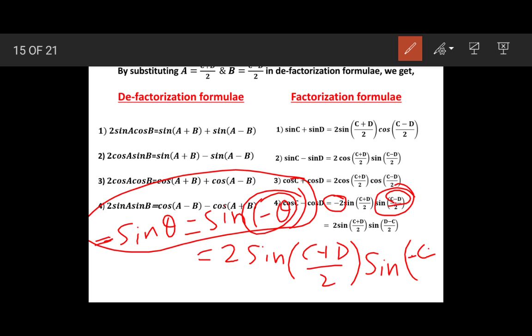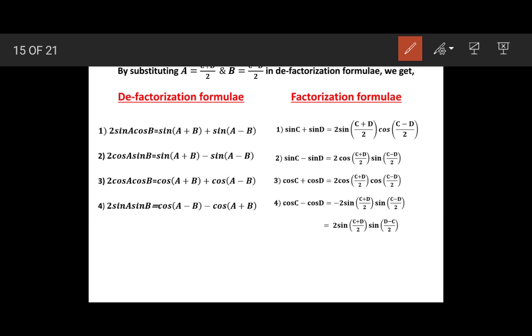Minus (C minus D), so that means D minus C. Got it? First I take the minus sign common, and then I take this minus sign with this sine, so minus sin theta will be sin of minus theta. So this minus sign goes inside the bracket, and after multiplying (C minus D) with minus, it will be D minus C. Okay.